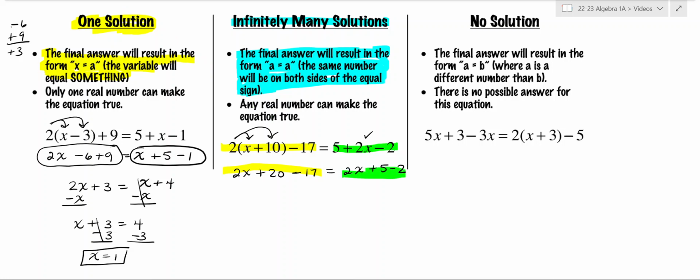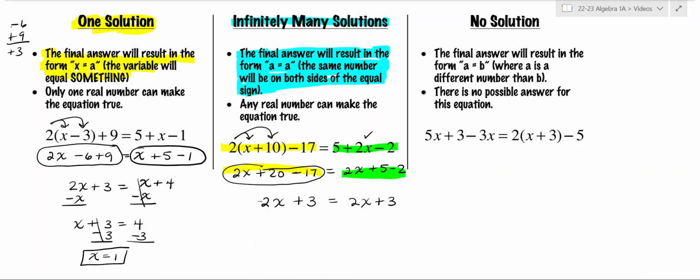All right, so now just focusing on this one. 20 minus 17. Remember, this is just combining like terms. So it's going to give you 20 plus 3 equals 2x. 5 minus 2 is 3.